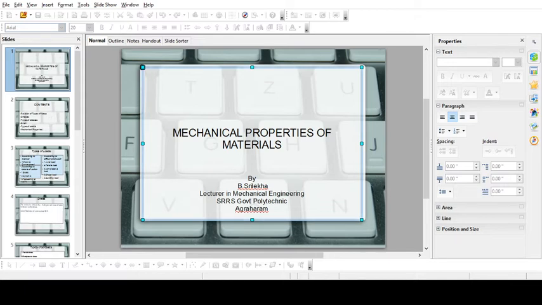It means when a body is loaded, initially it would exhibit its elastic nature. Whenever you remove the load, it will regain its position. So to a certain extent, it will behave in an elastic nature. After that it will go to a plastic nature.